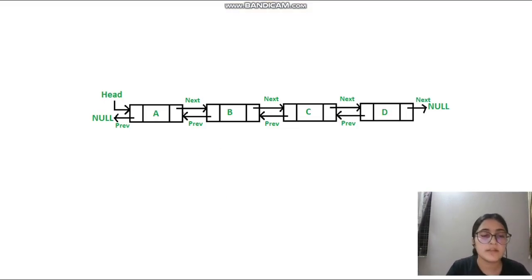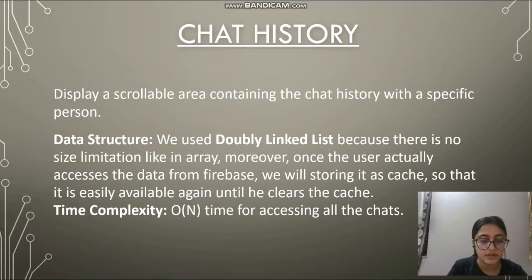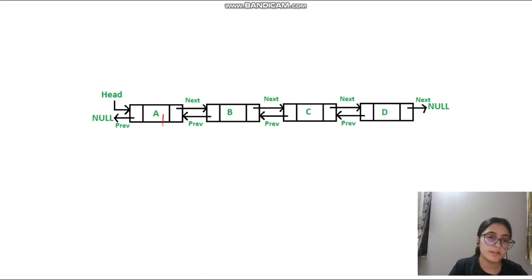So this is the implementation of a doubly linked list. Here the contact will be, here the message one will be stored, here two, here three, and here four. The user can see the recent chat history.